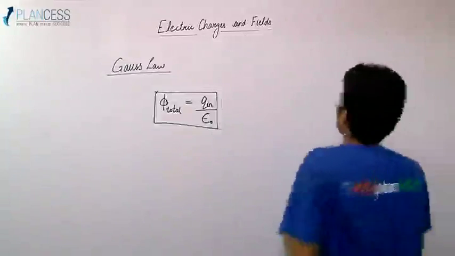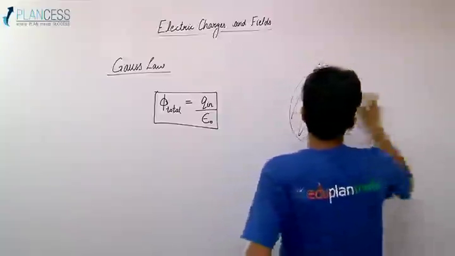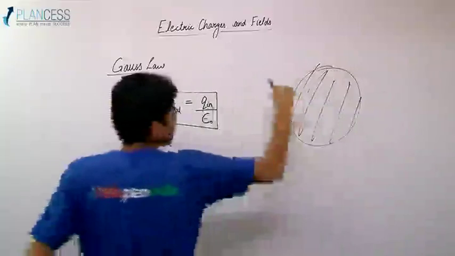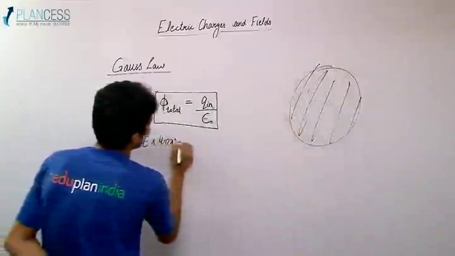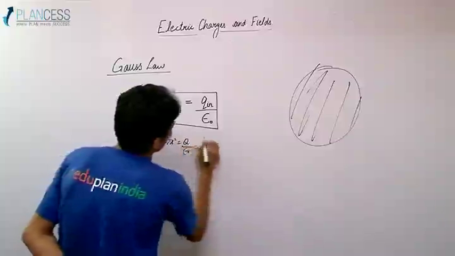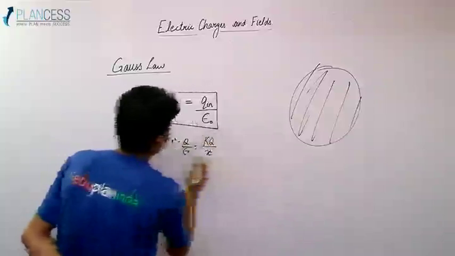Now, if I want to derive a similar formula for a solid sphere, I can do a similar thing. For any point outside, I can write E into 4 pi x square equals Q upon epsilon naught, which would be equal to KQ by x square, as was derived for the solid sphere.